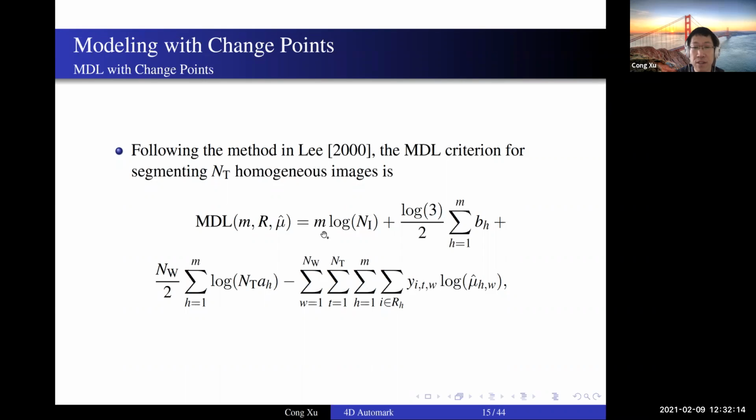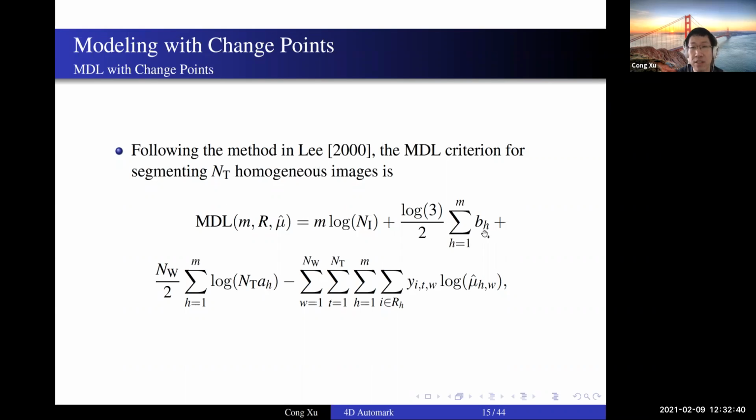We can see that the first term has M, which means the number of regions. Obviously, the more regions it has, the more complicated the model is. It also has some terms like AH and BH. AH denotes the area, or the number of pixels, of each region.